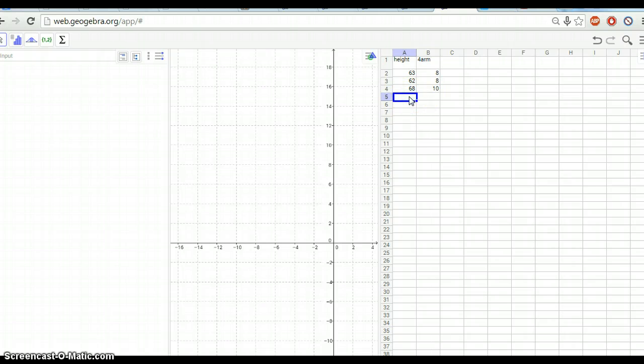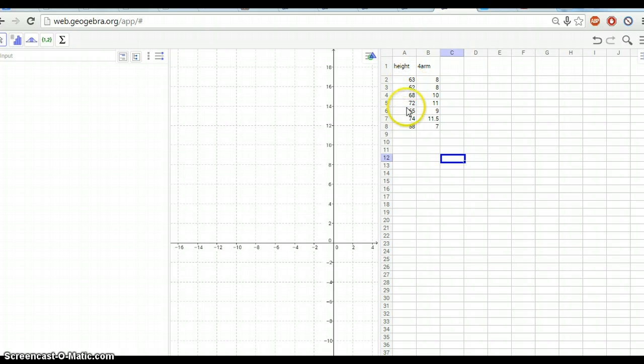Somebody was 72, and they had 11. Somebody was 65, and 9, and somebody was 74, and they had 11.5. Let's put one more, somebody who was 58, and let's say they were 7. I don't remember the exact numbers, but let's say these are the ones.